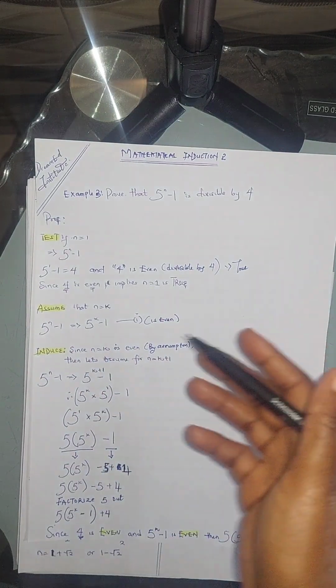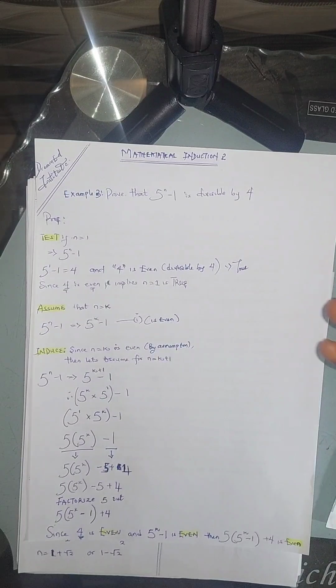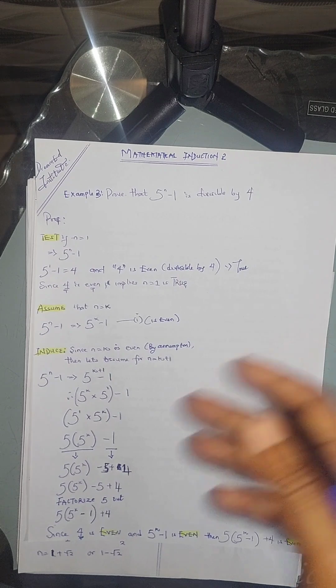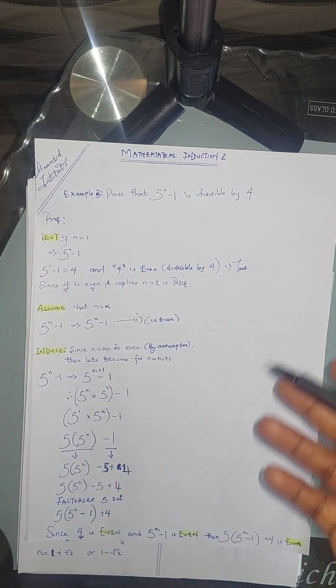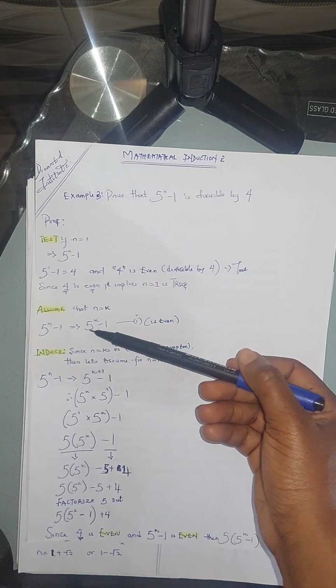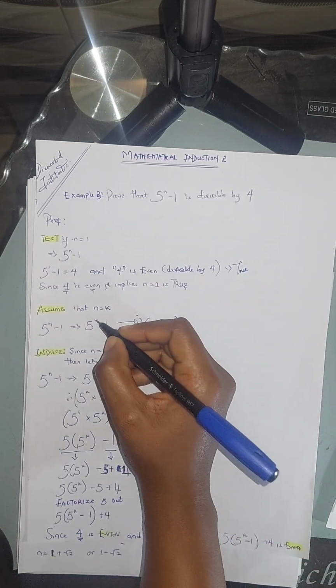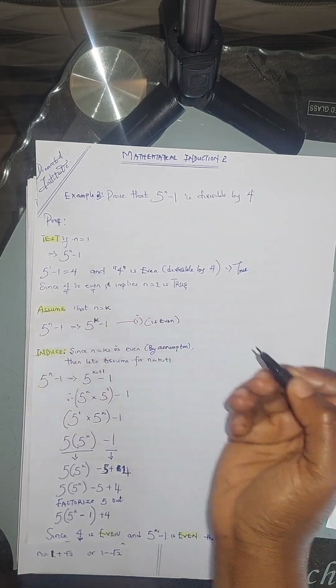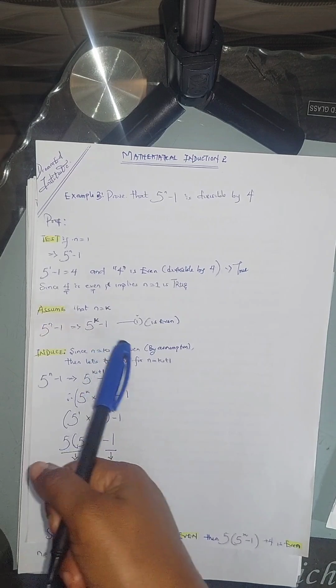Now, since it is true for n equals 1, we assume that n equals k. Anywhere I see n in my question, I put k. That means here I'm going to have 5 raised to the power of k, then minus 1.